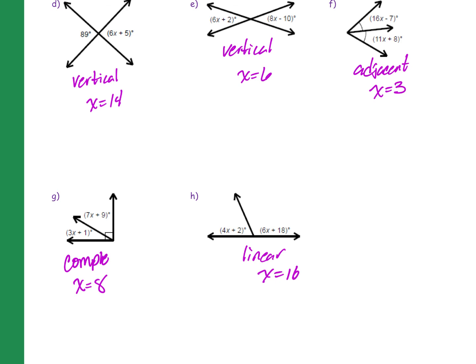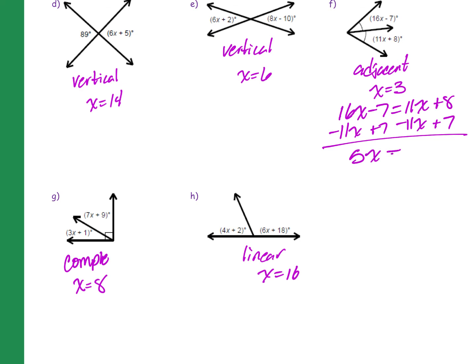On F, look, they equal each other, right? 16x minus 7 equals 11x plus 8. So subtract 11x and add 7. So that's 5x equals 15.